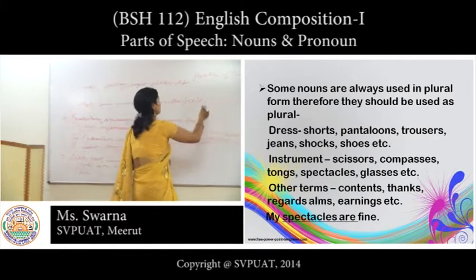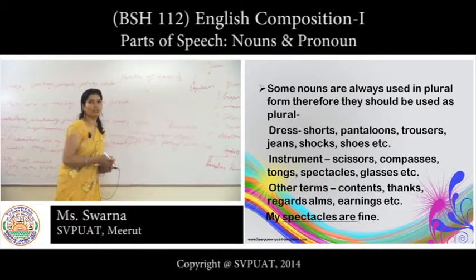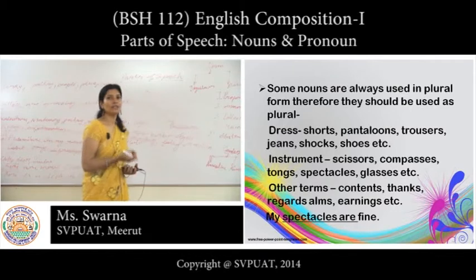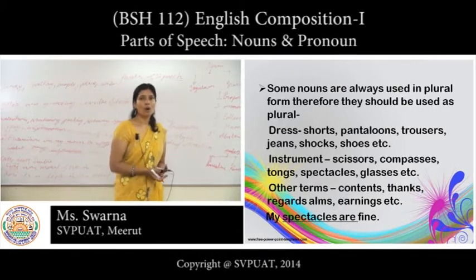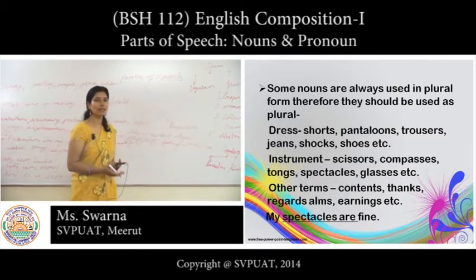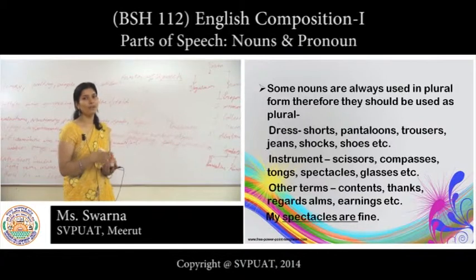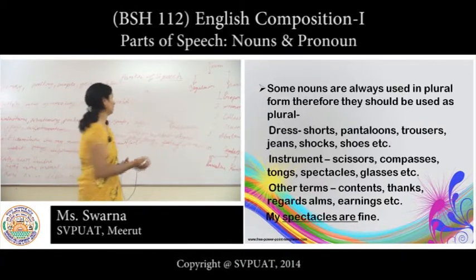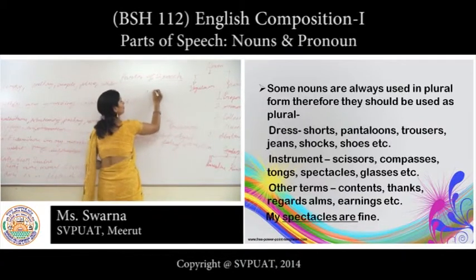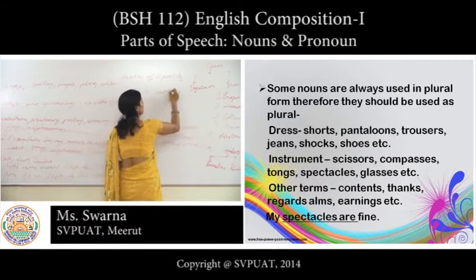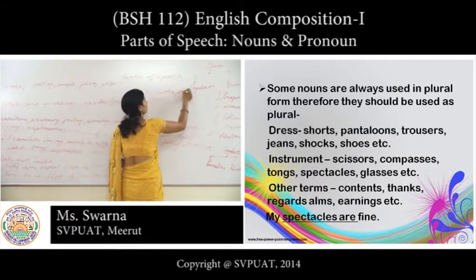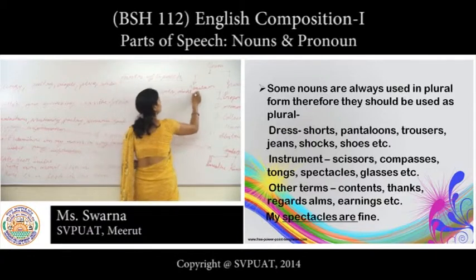The fourth rule is some nouns like trousers, scissors, shorts, spectacles, goggles, glasses, regards or contents. These words are plural in form and used as plural. Like some dresses' names: shorts, socks, shoes, trousers.